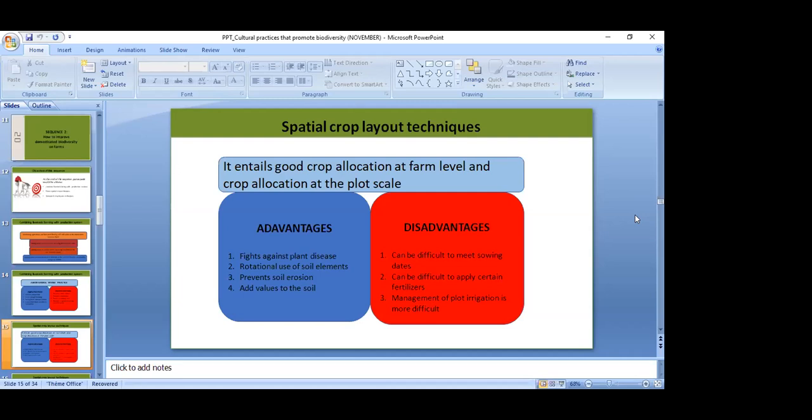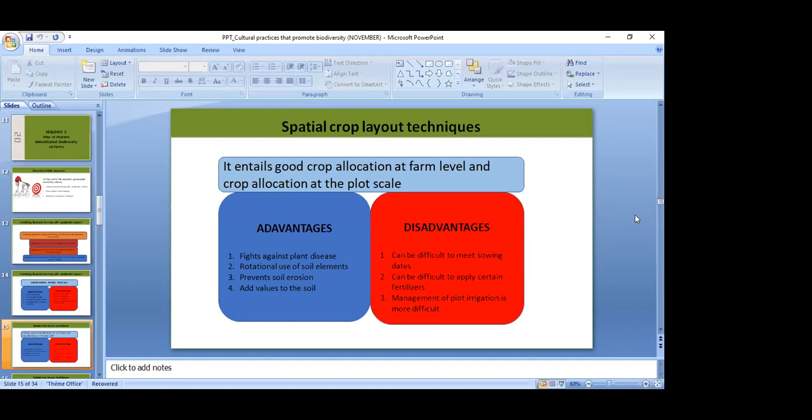When you have to be sowing at different times, maybe you are planting maize now, and because maize has the same gestation period or maturity period with sorghum, so to say, it can be difficult to meet it. Then it can be difficult to apply certain fertilizers.